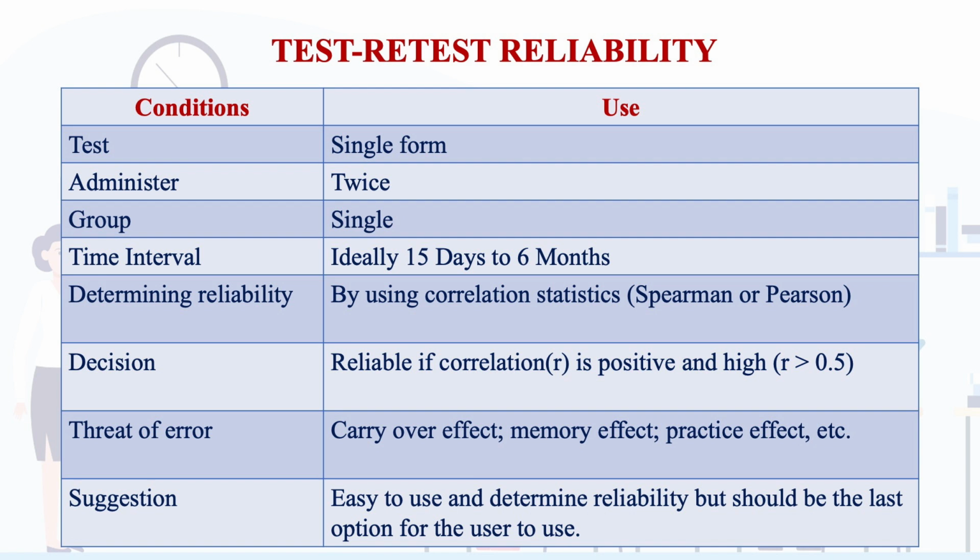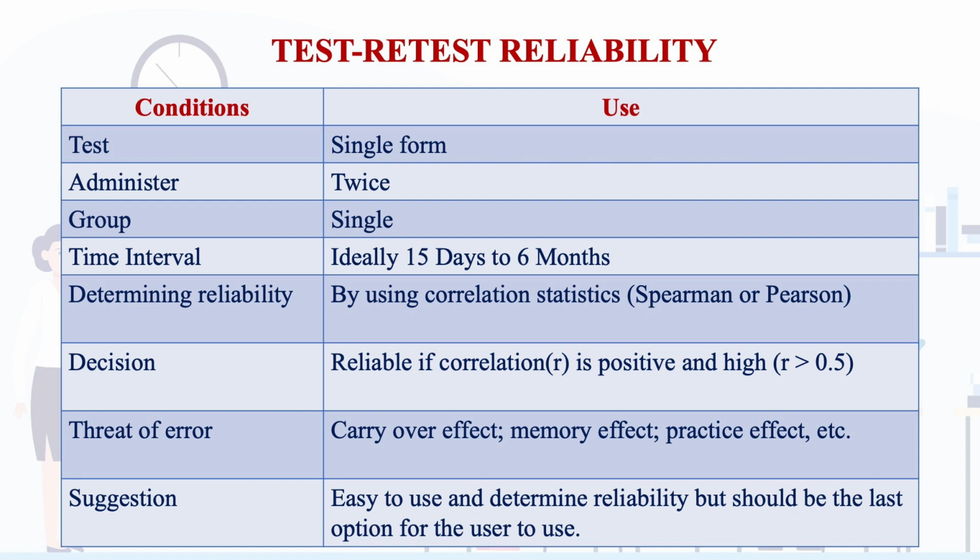That means the test will first be administered upon a group of learners, a group of subjects, a group of students, and the same test will be administered upon that group of students after a gap of time. So administration will be twice and the group will be single. Upon the single group the test will be administered. Here the group will not be changed.